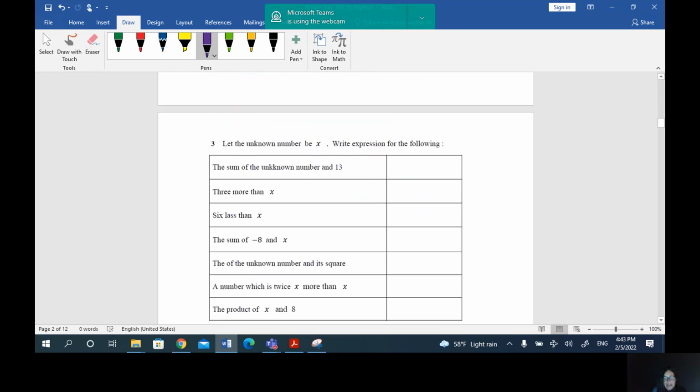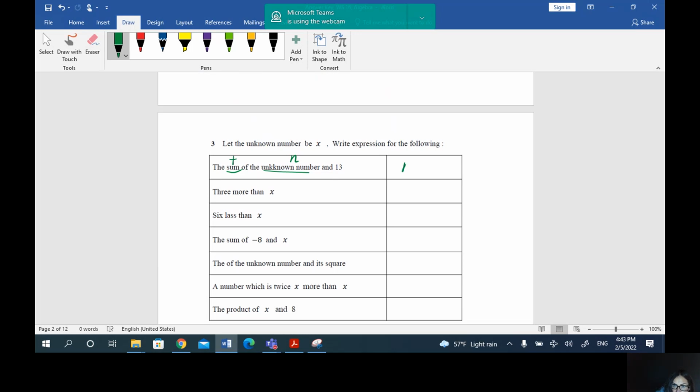The next skill is writing an expression for sentences that are written in words. For example, the sum of an unknown number, let's call this unknown number n, and 13. The sum means the addition.